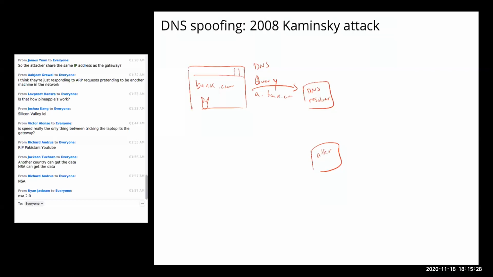The DNS resolver doesn't have an entry, so it can't just reply back. It didn't cache anything. So what does it do? It sends a query for a.bank.com to the .com DNS server.